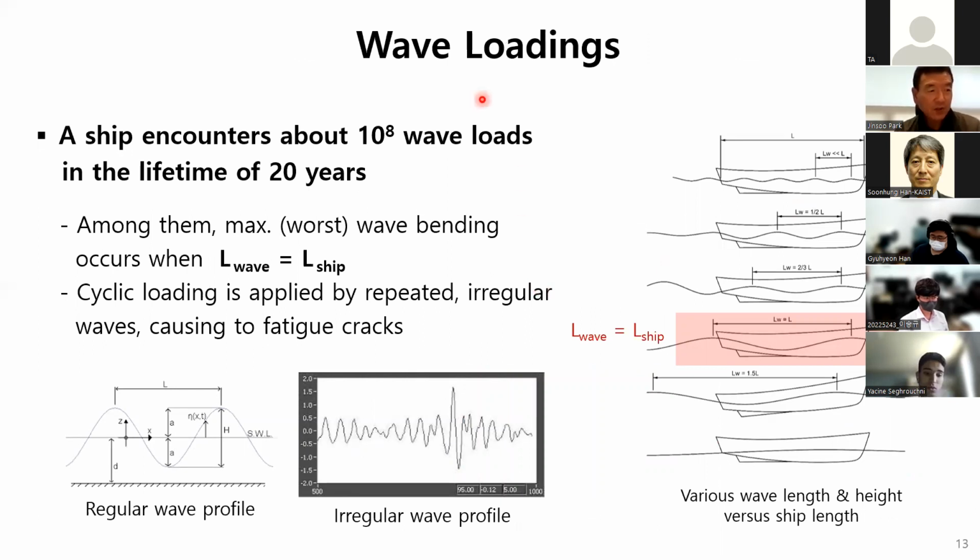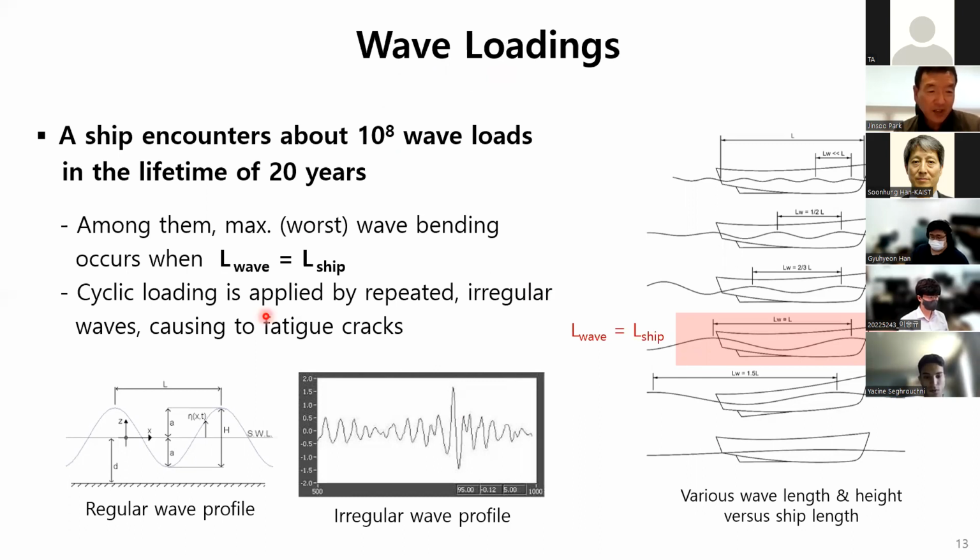The main external loading against the ship is wave loading. In reality, there are so many kinds of waves that we meet when we sail at sea. From design point of view, we assume that a ship encounters about 100 million waves in 20 years.